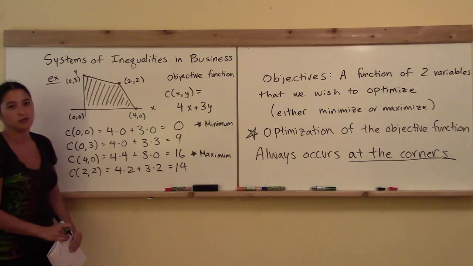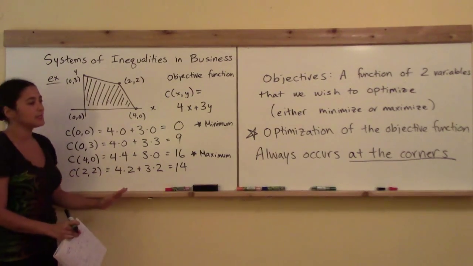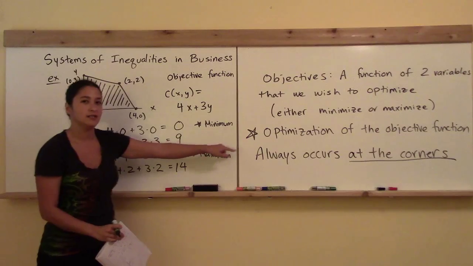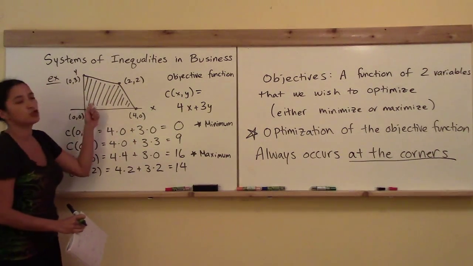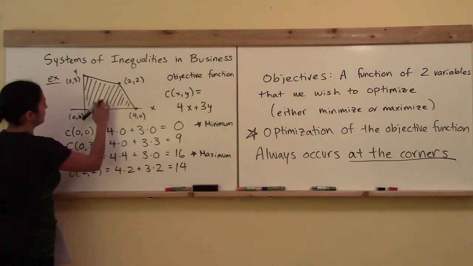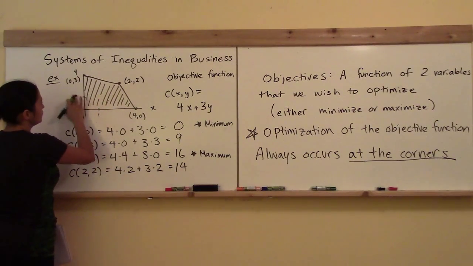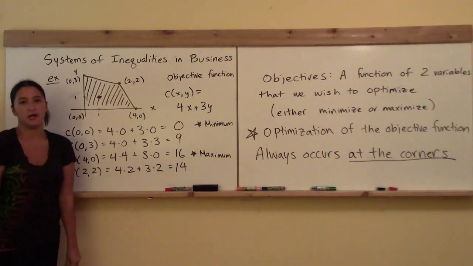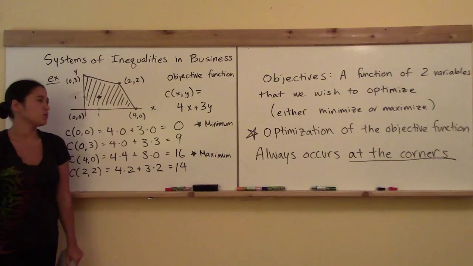of my objective function. Okay, and the other thing that this star tells me right here is that I don't have to go in here and try all the other possibilities. Like for example, a point like (1, 1). Here's another point, (1, 1) inside there. Is that a minimum or a maximum point?